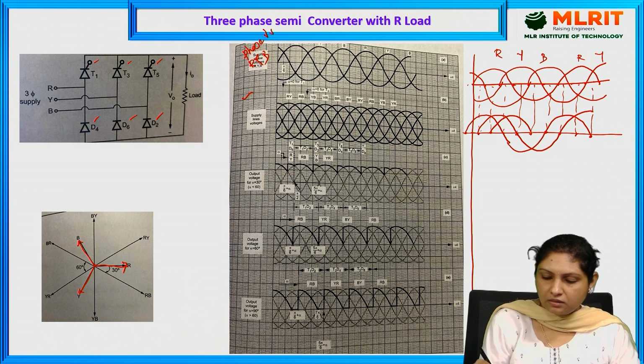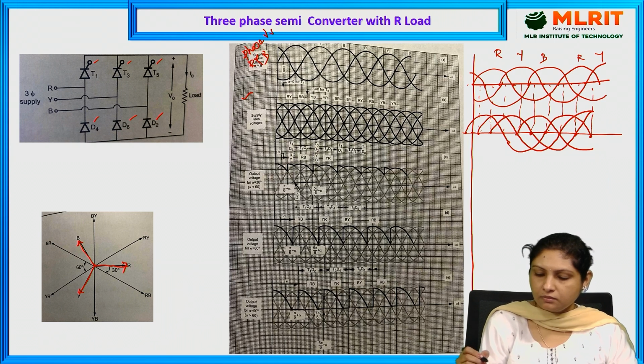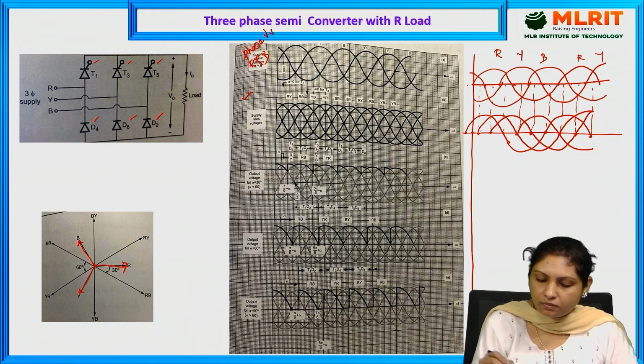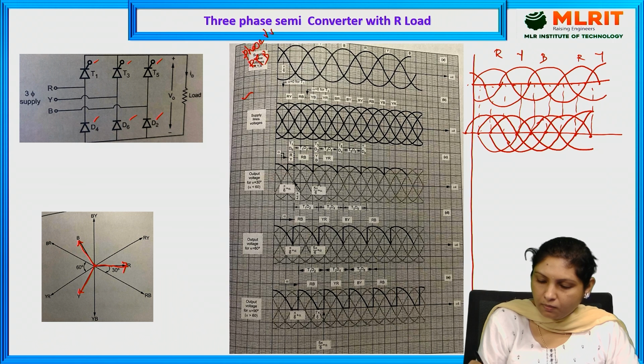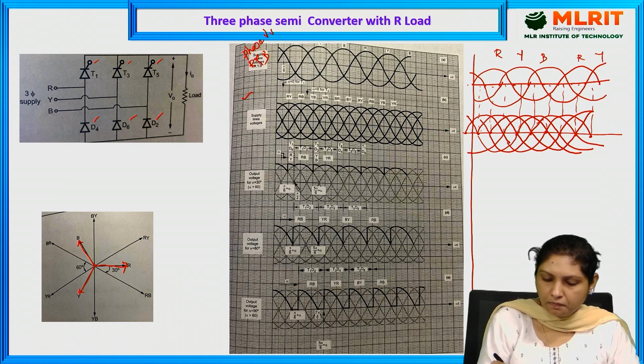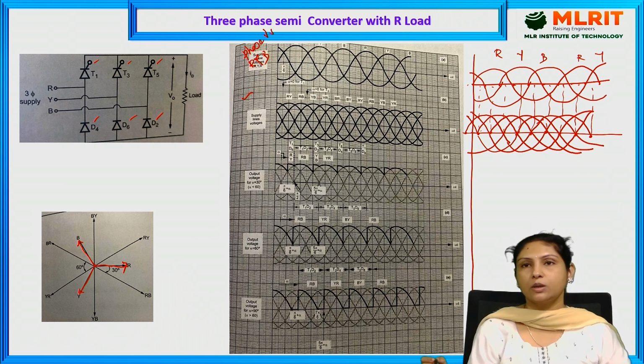And then another line voltage, another line voltage, and let us connect this to the back end. So these are the various line voltages.